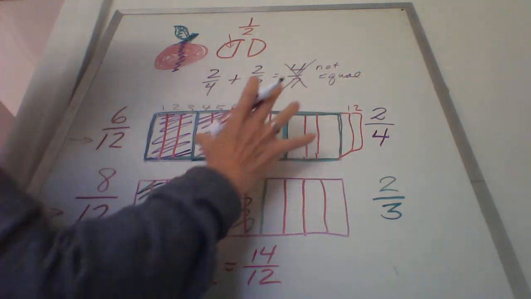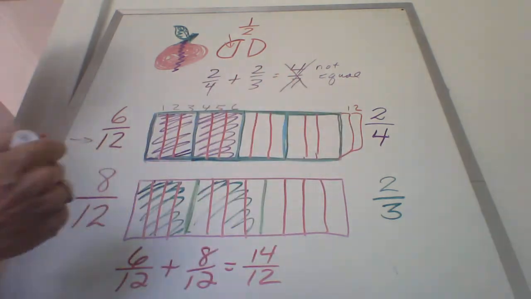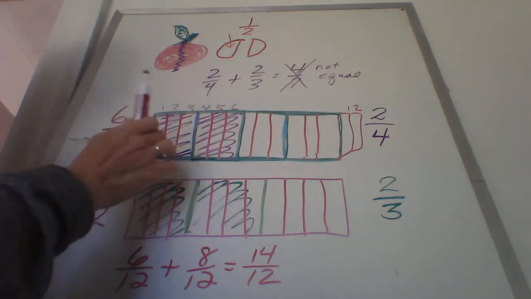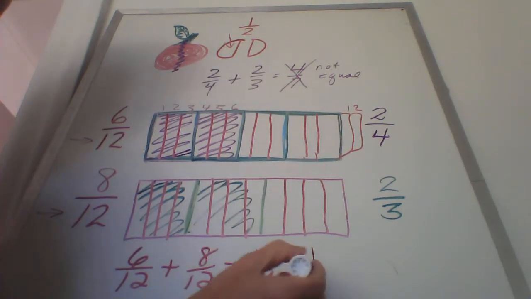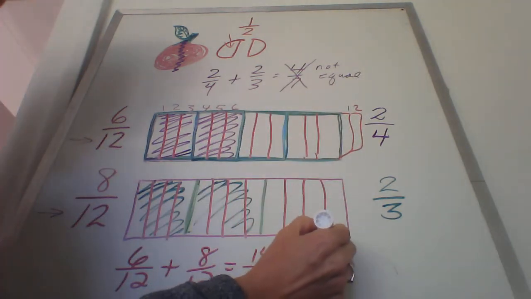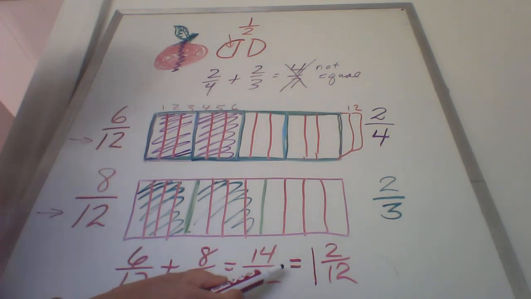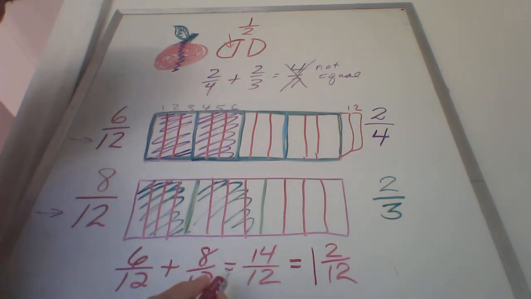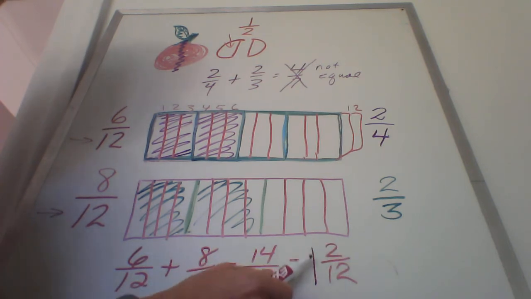To add 8 here goes past this original size. So what we had then is it filled one whole and there were 2 twelfths left over. Okay, so that's called simplifying, when we take this improper fraction and make it a proper one. This is called a proper or mixed fraction because it's a whole number with a fraction.